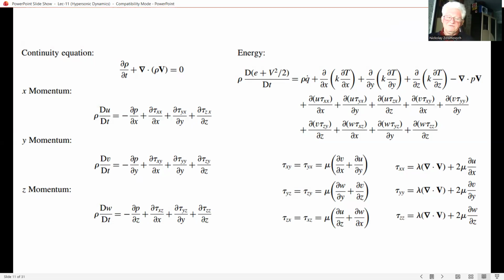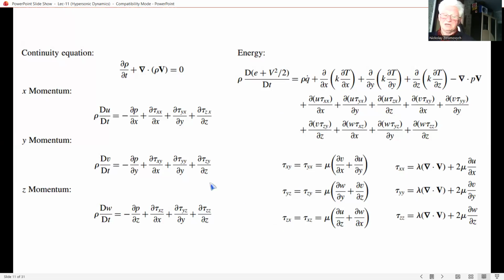The resulting governing equations are called the Navier-Stokes equations. I hope you remember. They contain the continuity equation, the x, y, and z momentum equations, and the energy equation, as you can see here, where we have tau xy, tau yz, and tau zx.